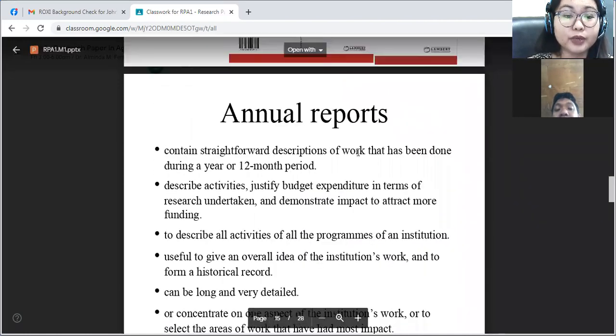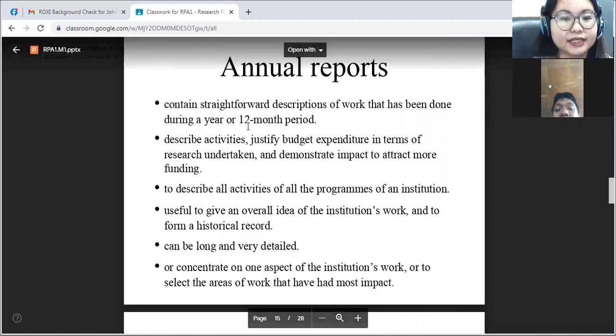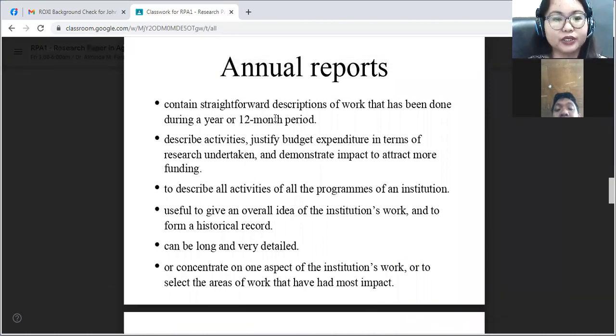Annual reports cover a 12-month period, and they describe activities, budget, and so on. These are very useful, especially if funded by the government, because it shows what the DA has done, not just that they are in action.